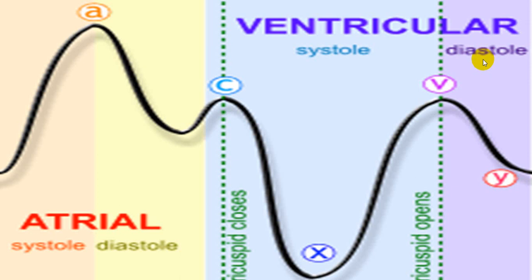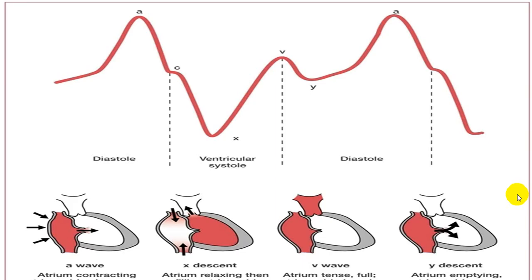Blood from the atrium is rushing into the ventricle, so there is a fall of pressure in the atrium, and the ventricle is going into ventricular diastole, so there is also a fall in ventricular pressure. Both together produce a negative descent we call the Y descent.